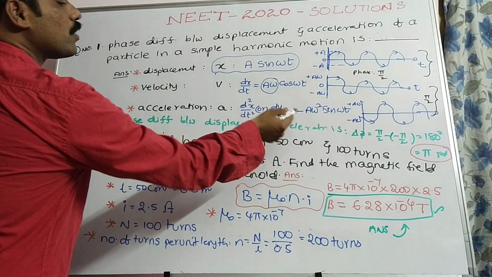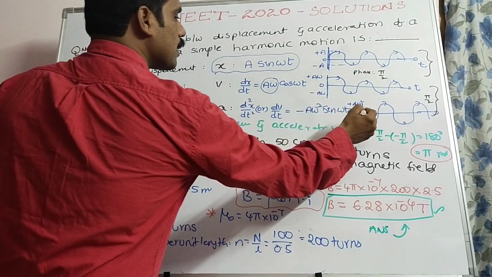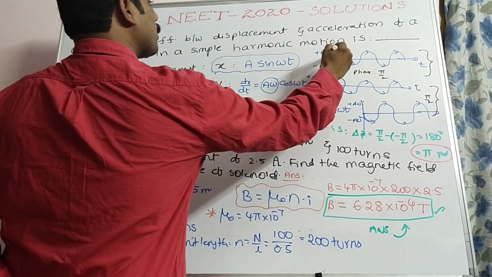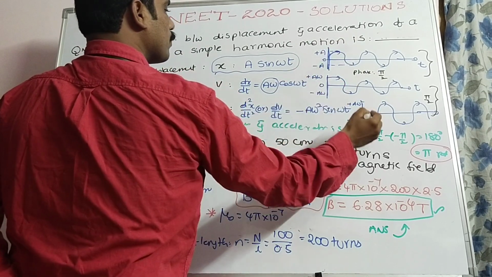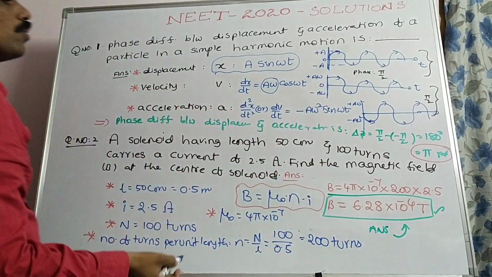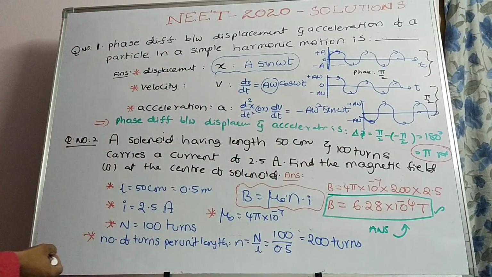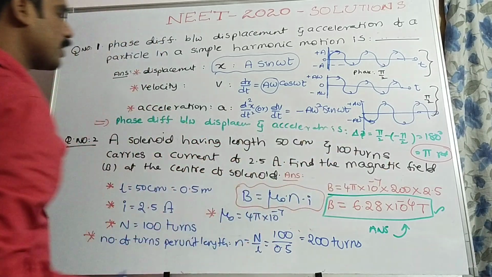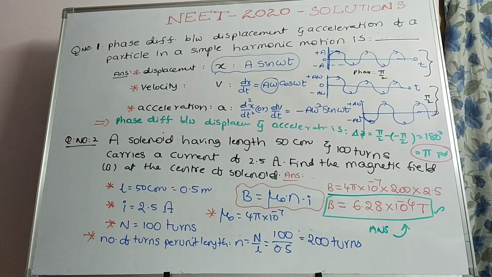Here the negative sign indicates the path is like this, as the graph shows. That means the particle is displaced from this position to this position, so the phase difference between displacement and acceleration becomes pi radians. Okay, the answer is pi radians.